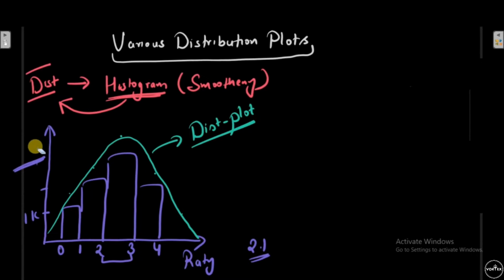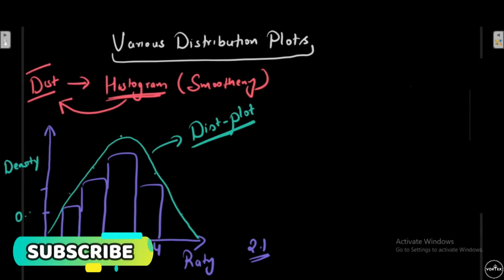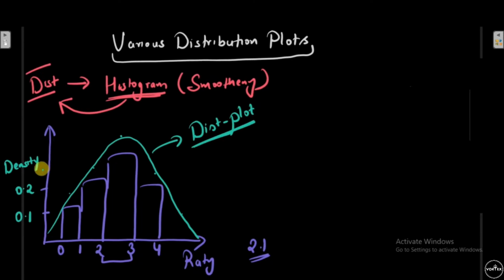Again, we have one more difference. On a histogram, on the y-axis we have count. But the moment I say this is a distribution plot, on the y-axis we have something known as density. Let's say the density is 0.1, 0.2, and so on. If I have this point, what exactly does it mean?